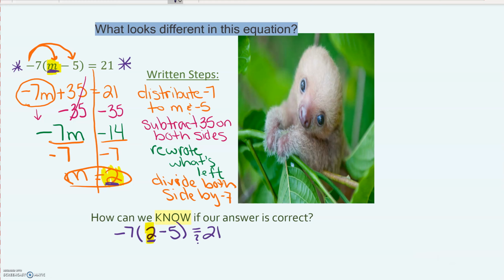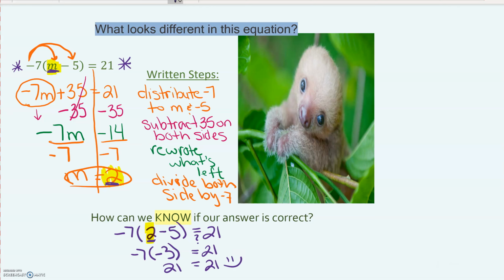Well, order of operations says we need to deal with what's in those parentheses first. What is 2 minus 5? You said negative 3. You were correct. We're now going to see that we have negative 7 times negative 3, and a negative times a negative is positive, and 21 does in fact equal 21.